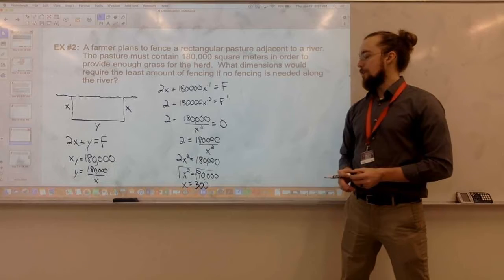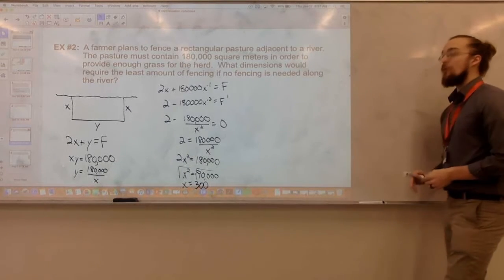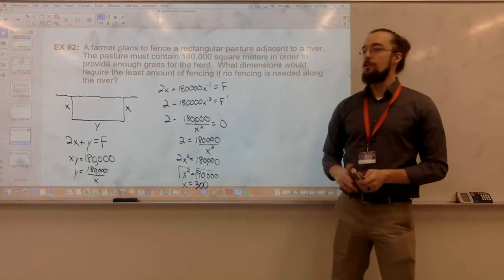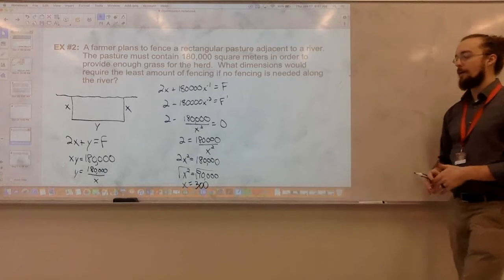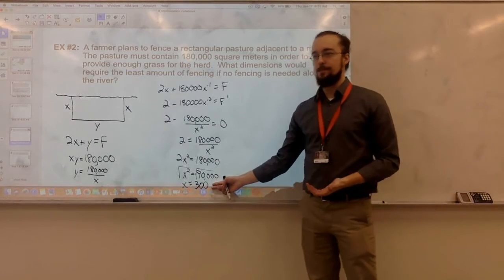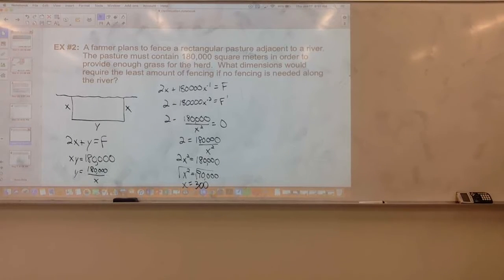As long as you understand that this can't be negative 300. We'll look at examples where the domain is actually pretty important. But for this one, we just know that we can't have negative 300. That's not super important here.